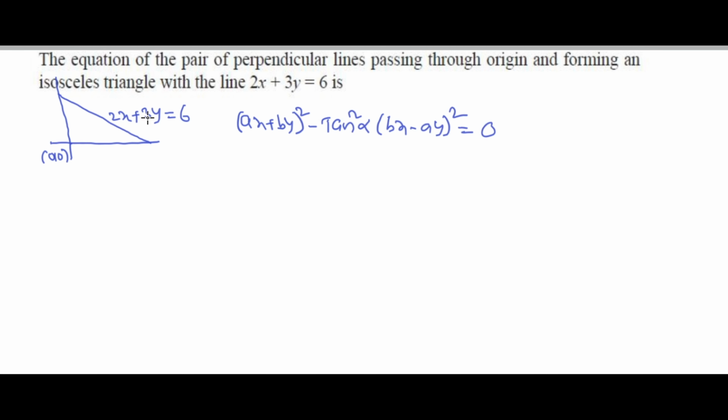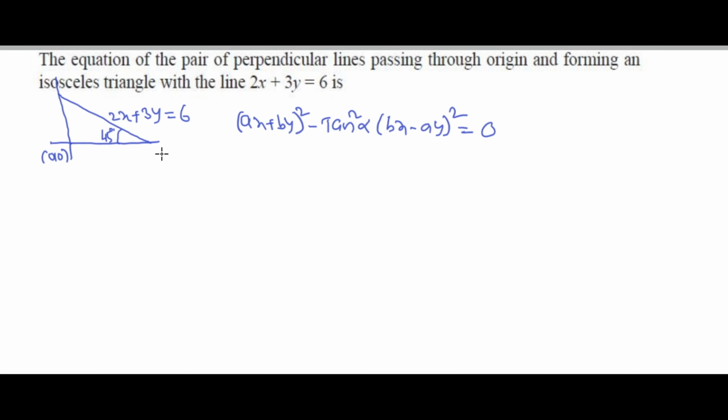Here ax plus by plus c is equal to 0 is given. A value is 2, b value is 3 and c value is minus 6. Substituting in this equation, forming an isosceles triangle. Isosceles triangle means this angle is 45 degrees.